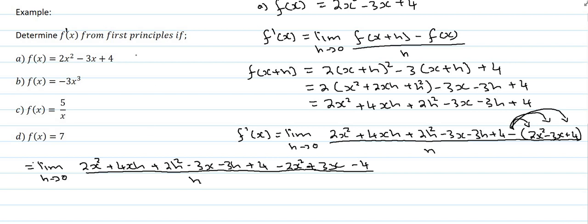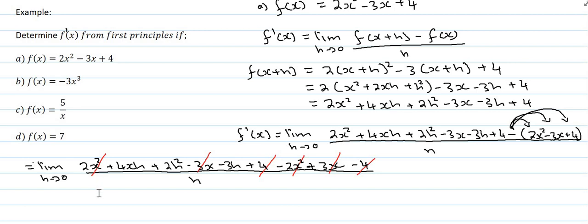And always f of x must cancel out after you've simplified, meaning 2x squared minus 2x squared cancel out, negative 3x cancels out positive 3x, positive 4 cancels out negative 4.